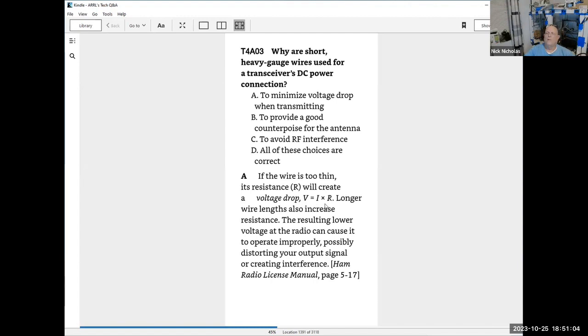It might be a very, very low value resistor, but it can have an effect on small voltages. For this reason, devices that run on, say, 5 volts or 3.3 volts, like within computers and things like that, they can't run those off of very long distances. We're talking only a few inches before they get in trouble.